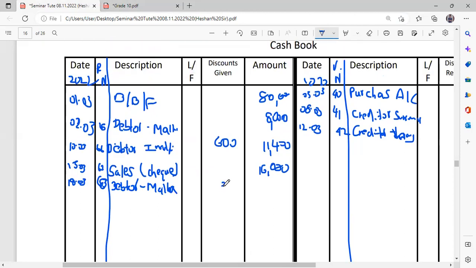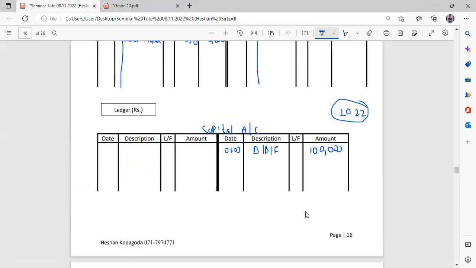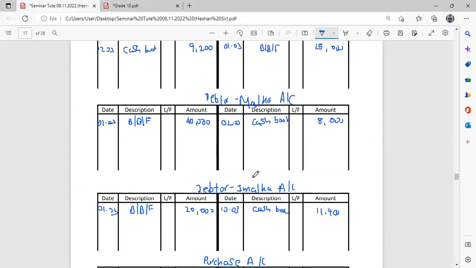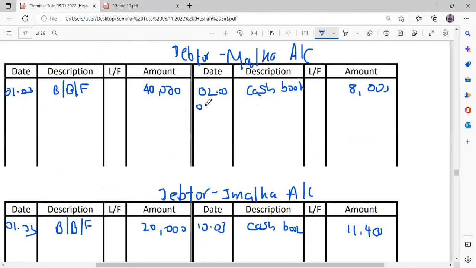Discount allowed 350, 6,650 amount. So in the debtor Malka account, 18th March, cash book, only the amount received 6,650. Okay, I think it's clear.